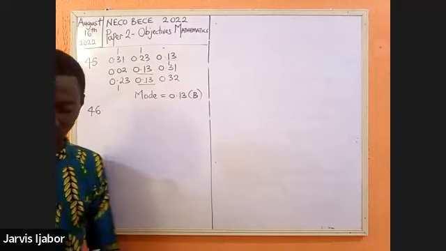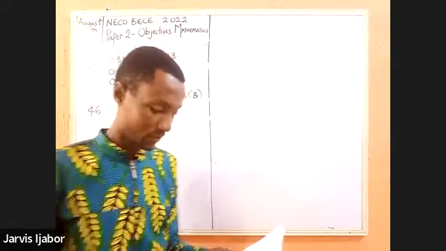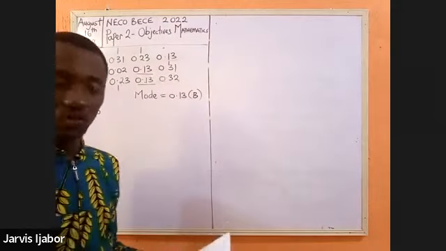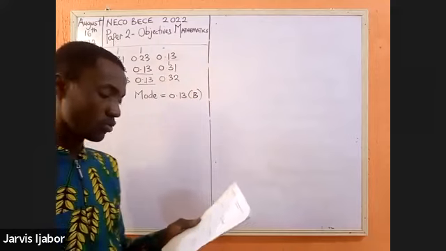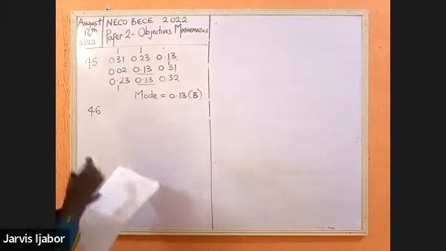Now, for questions 46 to 48, we are given some marks or scores, and we are told to use these scores to answer a number of questions. So I'm going to write them on the board.